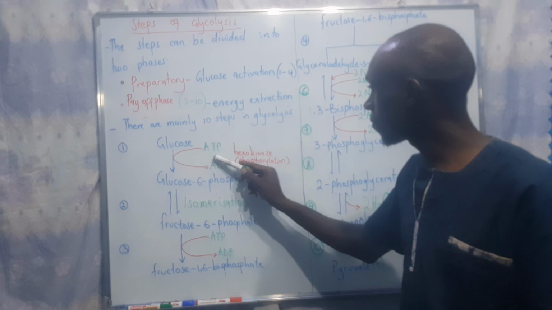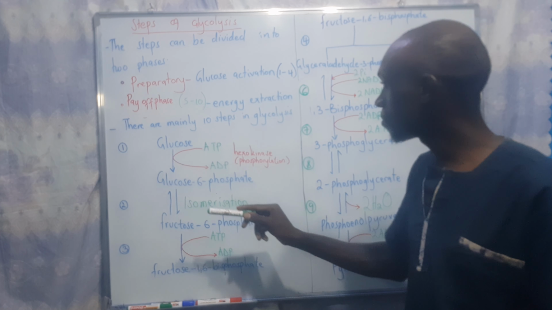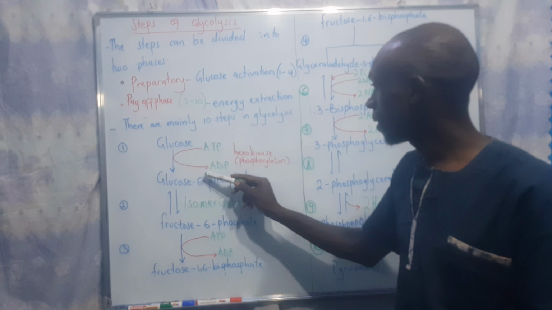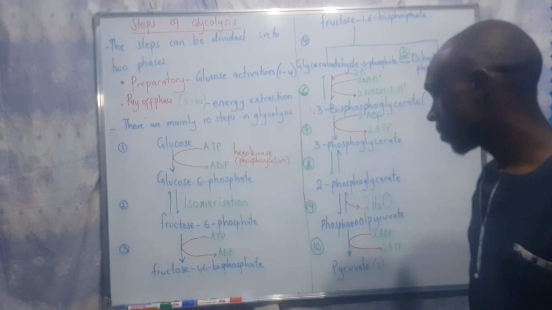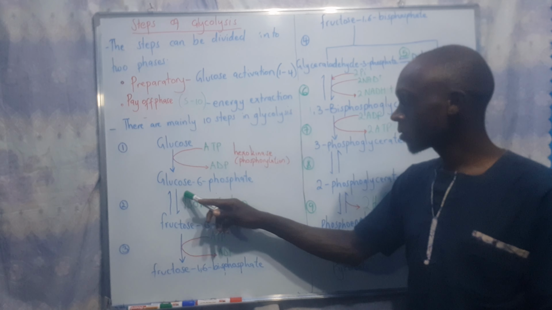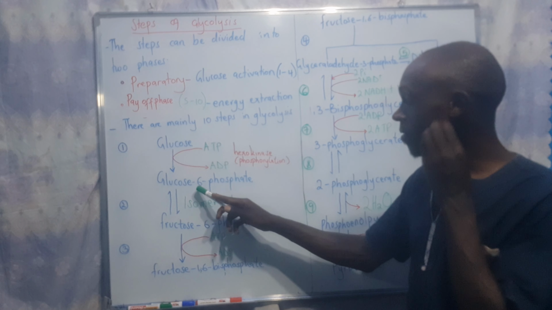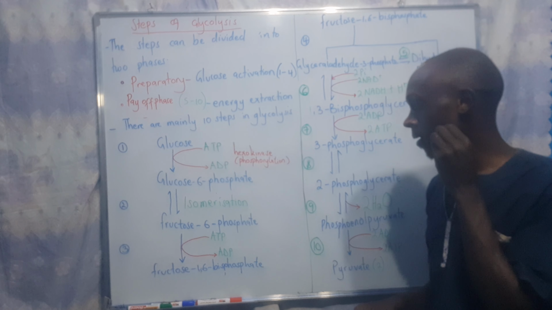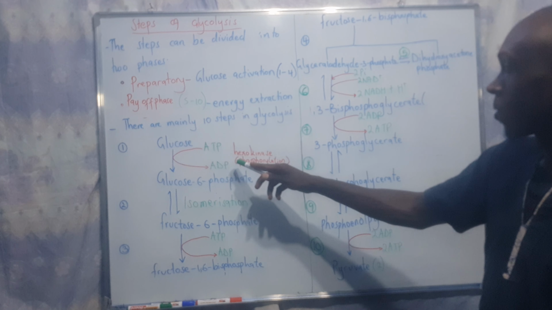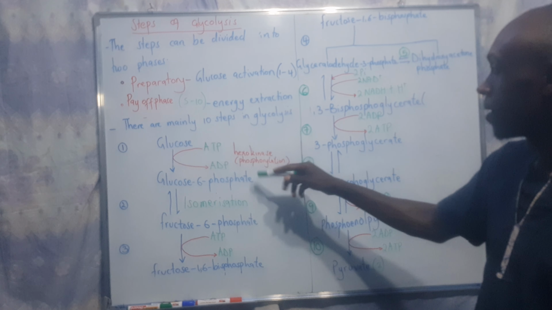We remove one phosphate group and add it to the glucose molecule, so that we remain with ADP, with 2 phosphate groups, adenosine diphosphate. Glucose 6-phosphate has only 1 phosphate group, and it is highly active. Hexokinase is the enzyme involved there, and the process is phosphorylation, where we are adding a phosphate group.